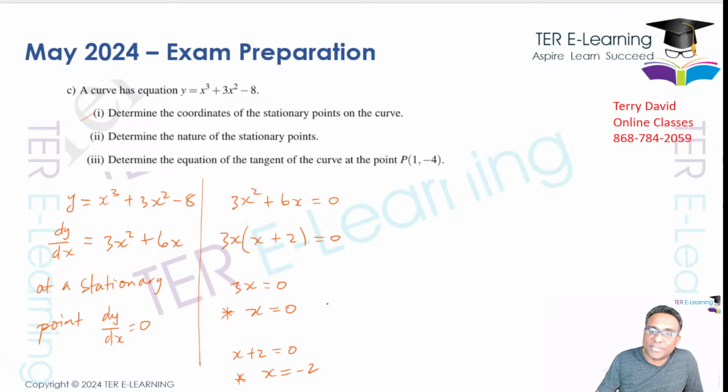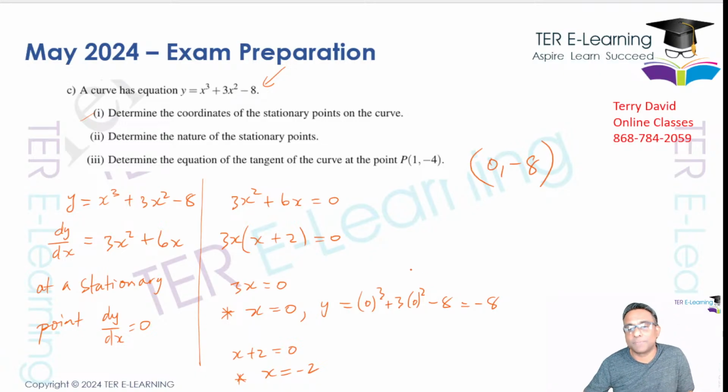What we're going to do, we need to figure out what y is. And to get y, you need to plug that into your original equation, right? So y is going to be equal to 0 cubed plus 3 by 0 squared, minus 8. So therefore, this is going to give us minus 8. So one stationary point is going to be (0, minus 8). That's one stationary point. The next stationary point now, we're going to substitute minus 2 into that same equation.